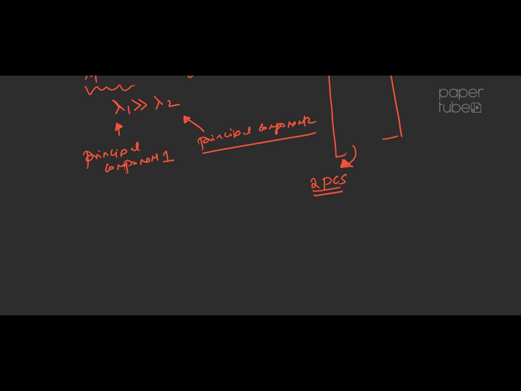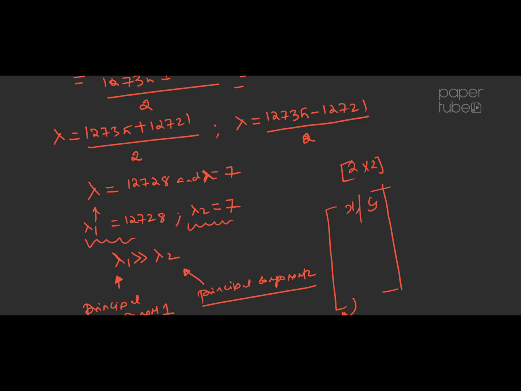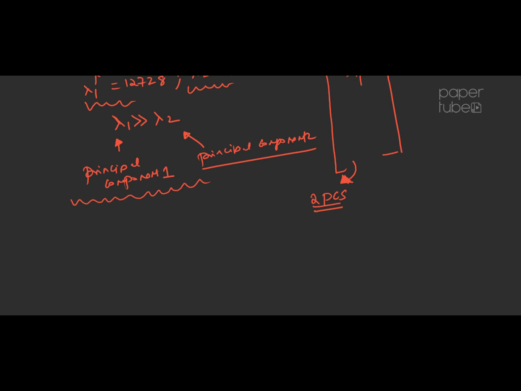And from the magnitude of this lambda, we can get some information. So based on the lambda value, we can even rank the principal components. As I said, if you have 2 measurable quantities, you will get a maximum of 2 principal components, but we can rank the principal components, which one is the first one, which one is the second one.